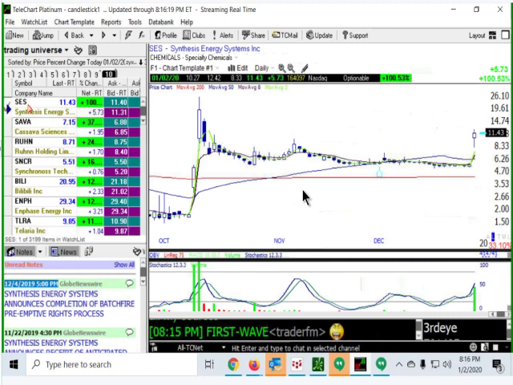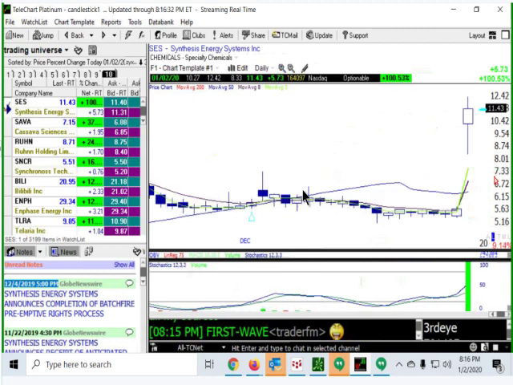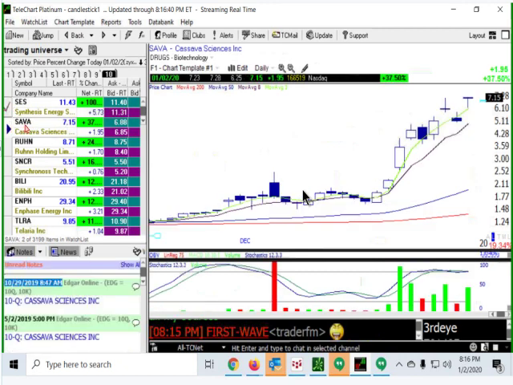I start with the biggest percent move on my trading universe, and it looks like this one, SES, did a big gap up after a left-right combo. For whatever reason, I don't know. I'll come back and look at it, so I flag it.